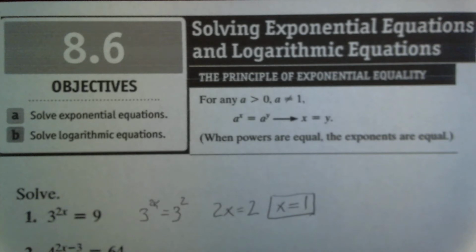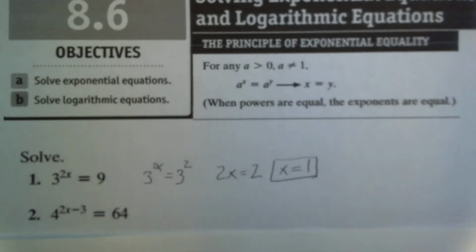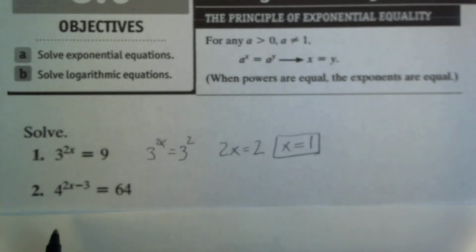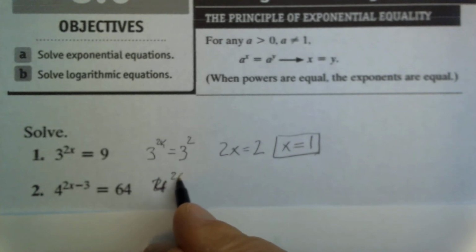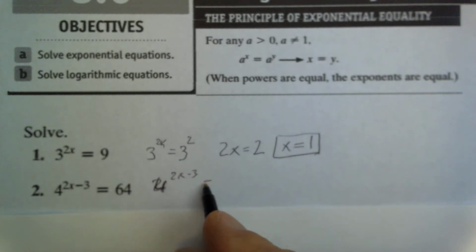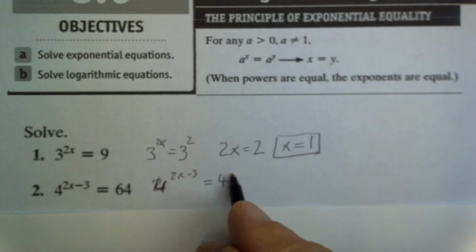Similarly, number 2, 4 to the 2x minus 3 equals 64. We're going to write 64 as a power of 4. So that'll give us 4 to the 2x minus 3 equals 4 to the third power.